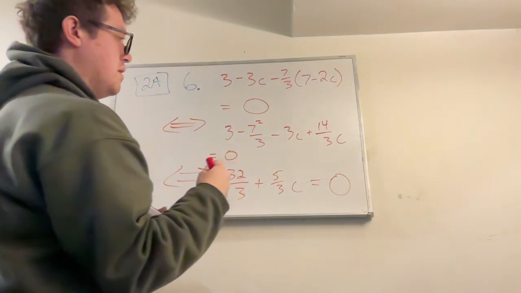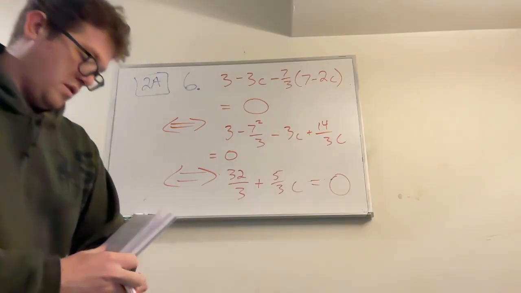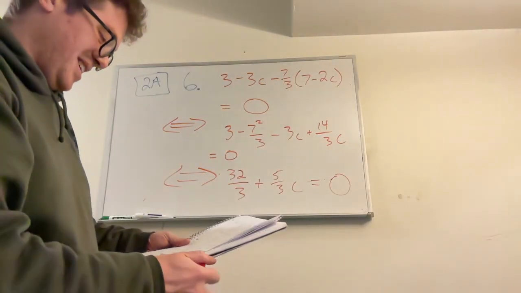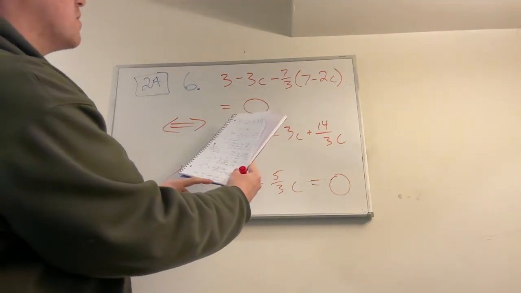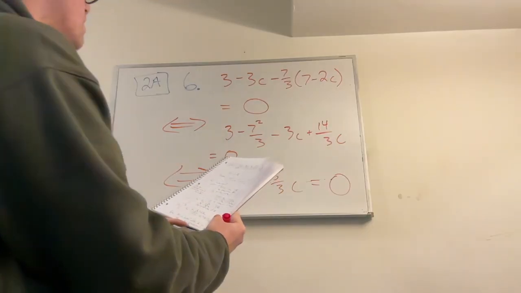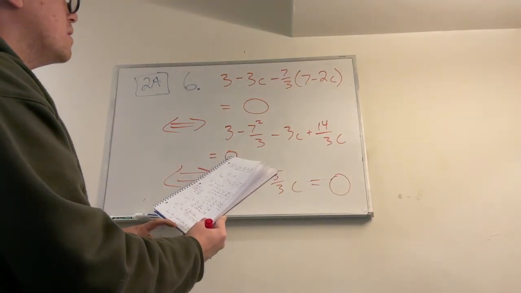Oh, wait. Okay. So no one can figure out what I'm doing wrong? So 3 minus 3c minus 7/3 times 7 minus 2c equals 0. Okay. It's 3.